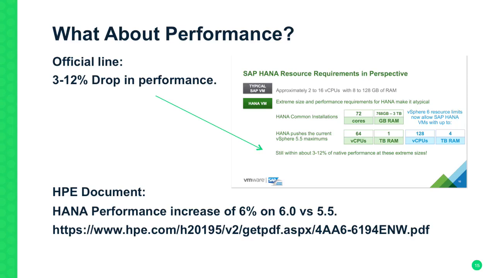But the good news is that there is an HPE document that states that there was a huge increase in performance on vSphere 6.0, measured as a 6% increase in performance using HANA on VMware in such a configuration. So the performance is getting better and better after the release of VMware.